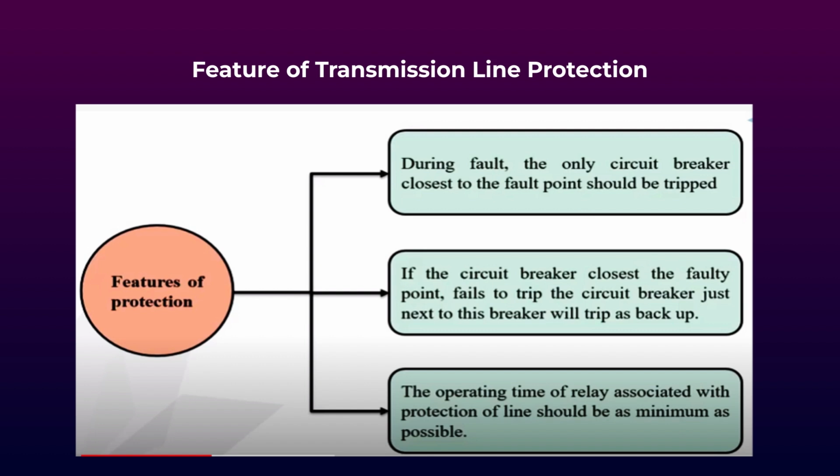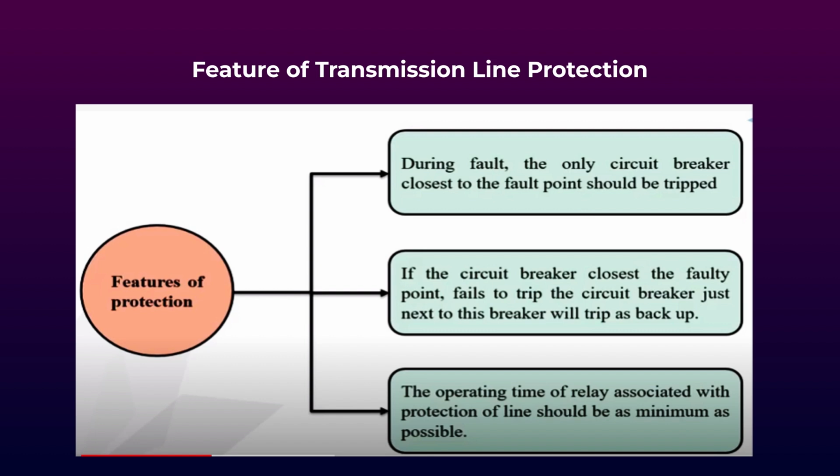Second one is the presence of an additional protection system to take over if one fails. It means that in case the nearest breaker to the fault fails to open, backup protection should be provided by the adjacent circuit breakers. Third and important one is that the relay operating time should be as short as possible in order to preserve system stability.